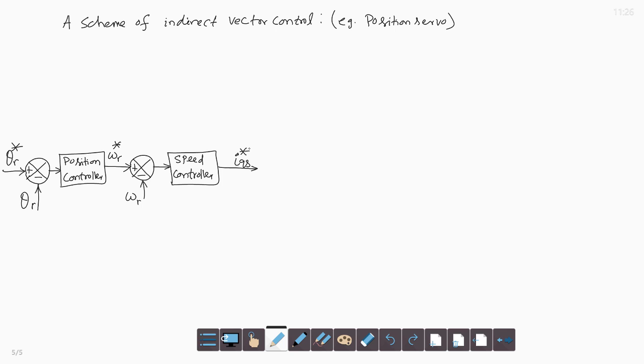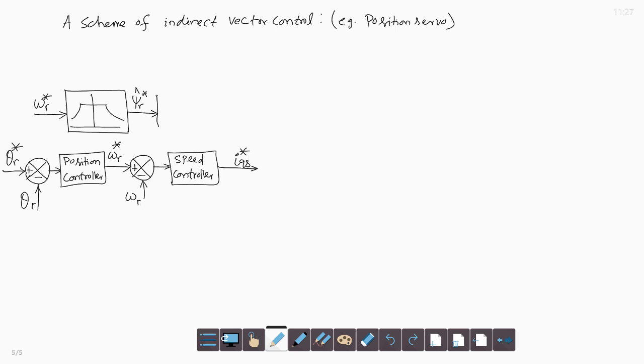Then we also take this speed omega r star to a flux weakening control algorithm scheme, which generates from it the rotor flux command psi r hat star.